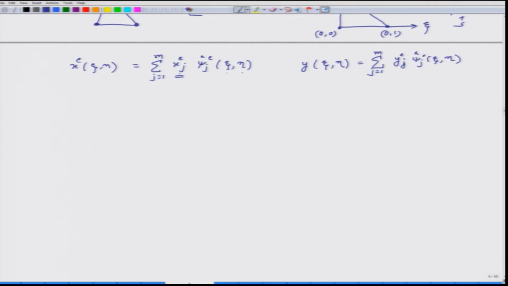So what are these shape functions? They are standard for any 4-noded quadrilateral.